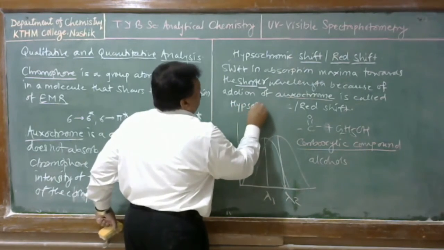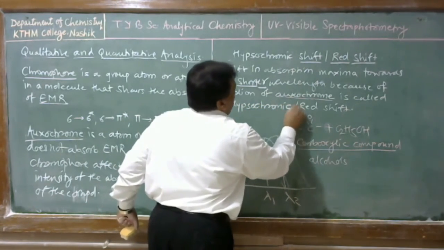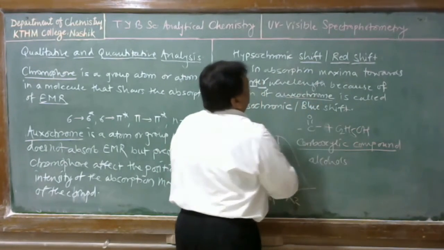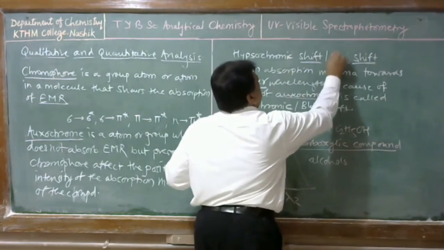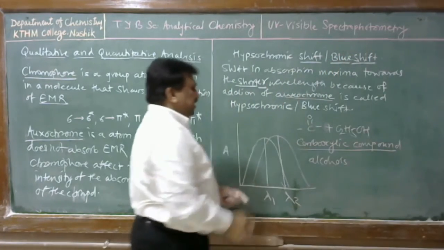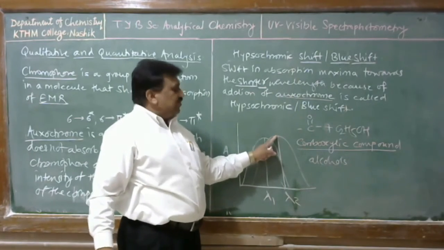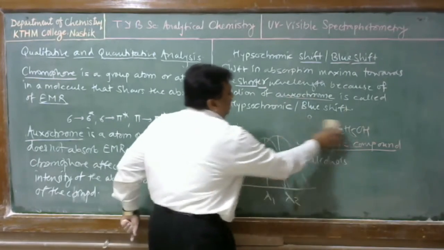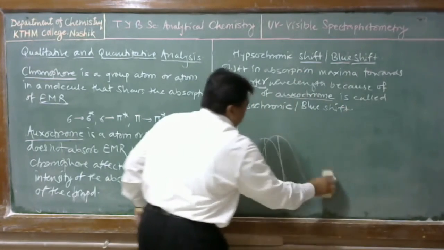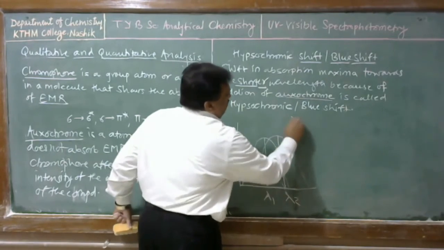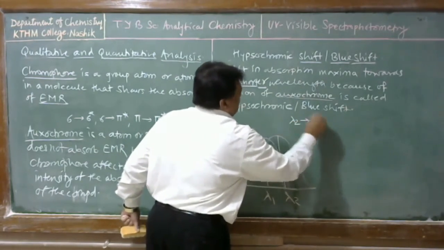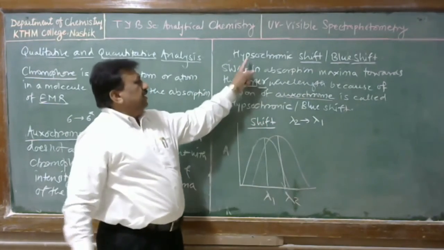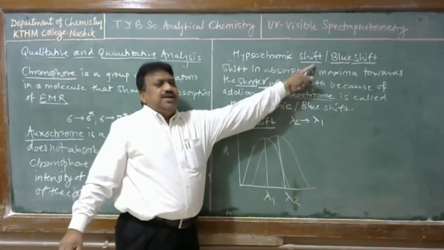Hypsochromic shift is also called a blue shift because ultraviolet radiation has blue color, therefore it is called a blue shift. That means initially the compound has absorption maxima here, that gets shifted to here. That means here the addition of oxochrome shifts this absorption spectrum from lambda 2 to lambda 1. Therefore this shift is called a hypsochromic shift or a blue shift.